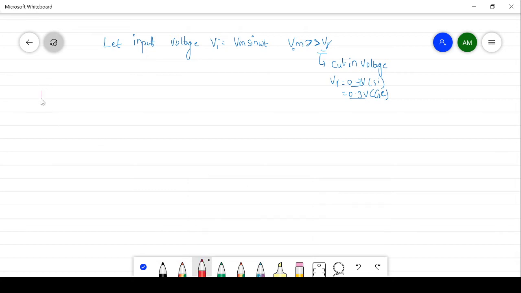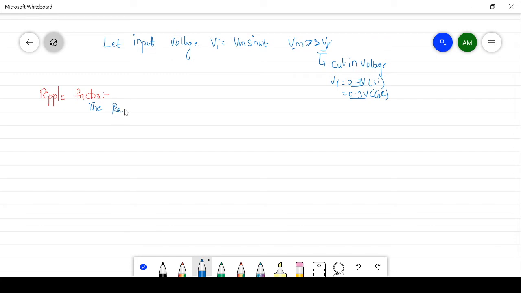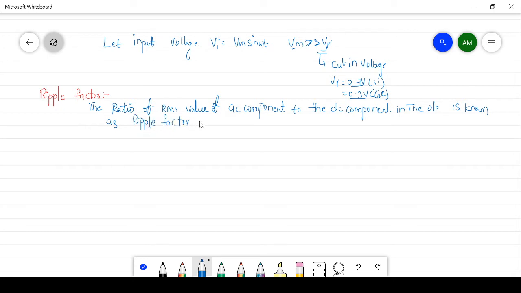Ripple factor is defined as the ratio of the RMS value of the AC component to the DC component in the output. This is known as the ripple factor.